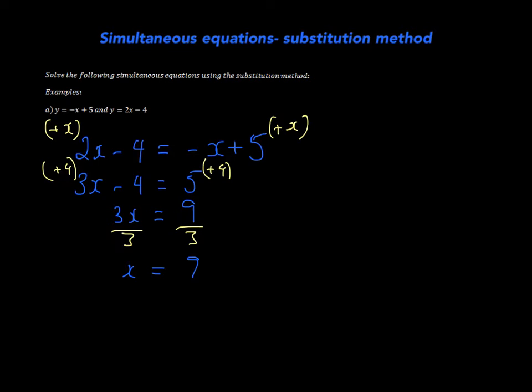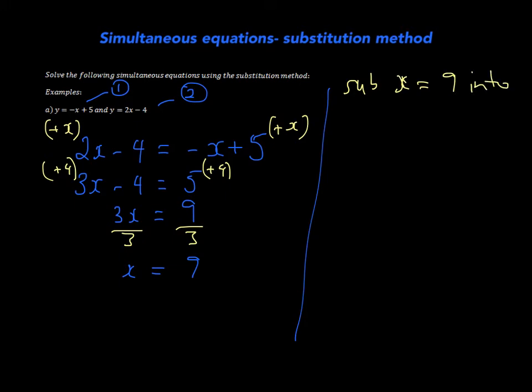Now I can substitute that into either of the equations. First, I should have identified, I would call that equation 1 and equation 2. So I just substituted equation 1 into equation 2. So the x value was 3, and now I'm going to substitute x equals 3 to find the y value, or y coordinate, into y equals negative x plus 5.